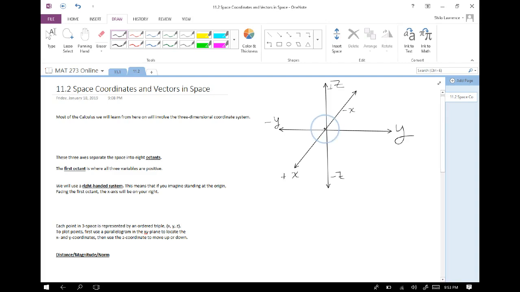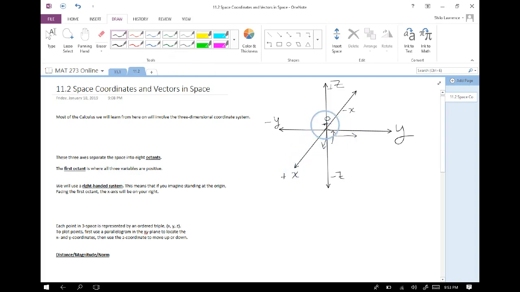We are using something called the right-handed system. And what this means is if you imagine yourself standing here at the origin, looking into the first octant, the x-axis is going to be the axis on your right.